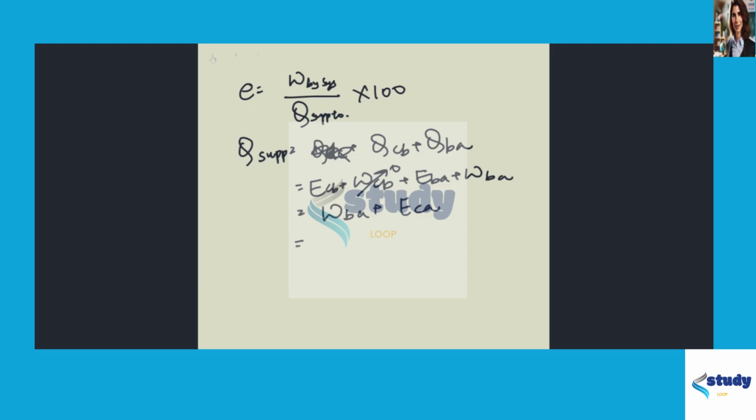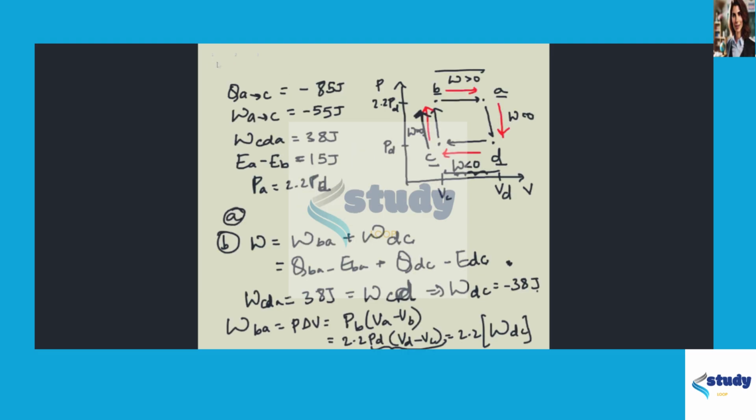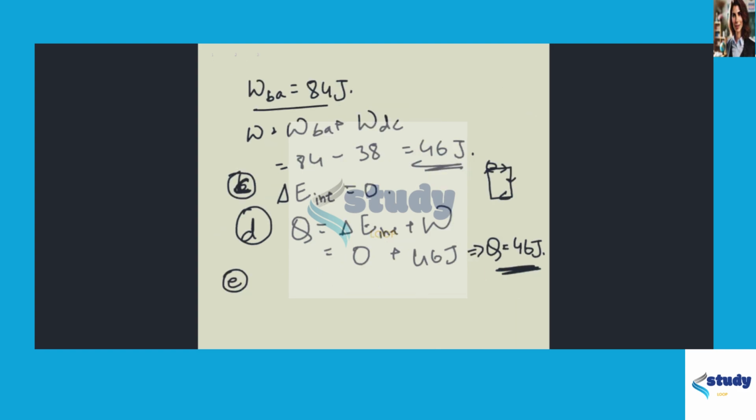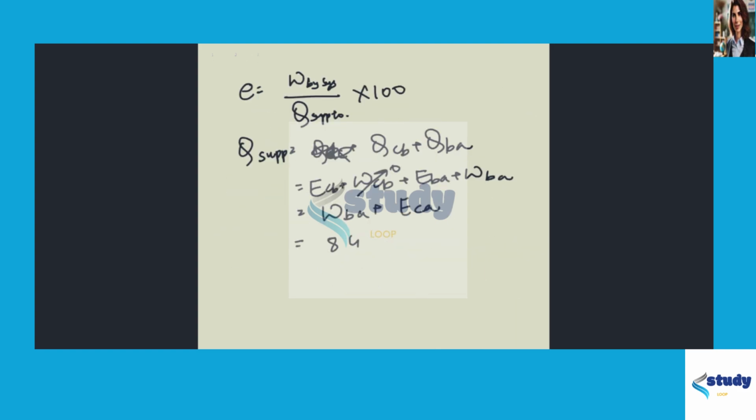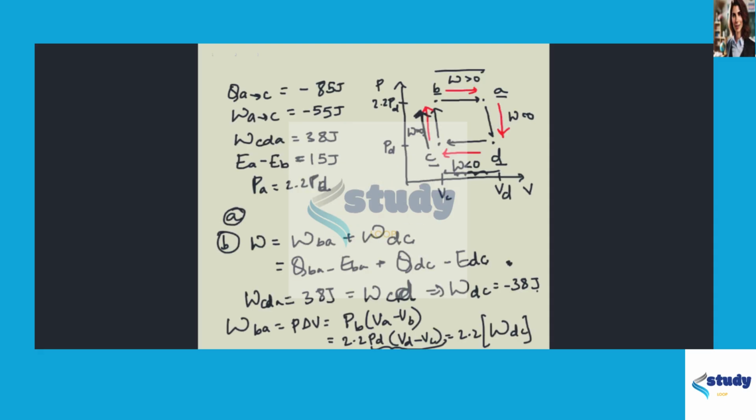Now, if you remember, we found that WBA was 84 joules. So we have 84 joules plus we need to find ECA. Now for ECA, we use this information. ECA is QCA minus WCA. We are given QCA and WCA directly. So that's minus 85 minus 55, which is minus 30 joules.